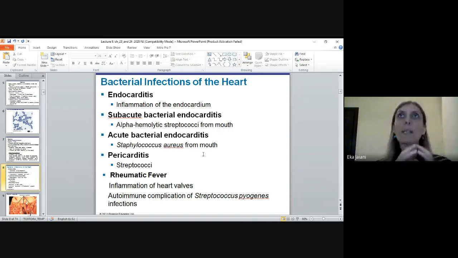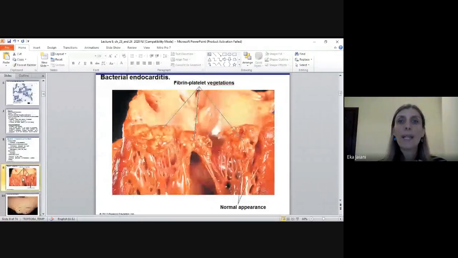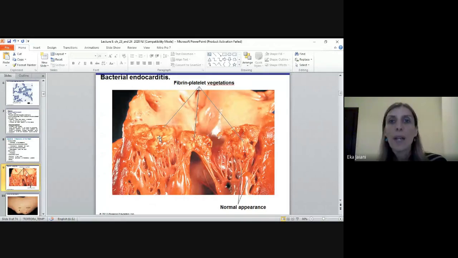This is especially so in people who have problems with the valves, who already have some inflammation there, with an aggregation of fibrin and platelets. So this is the normal appearance, and this is an example of endocarditis.